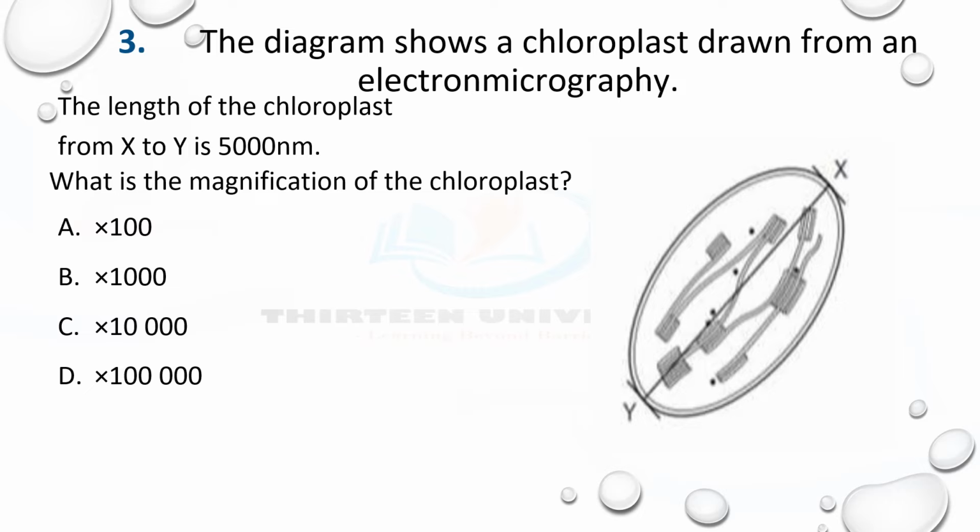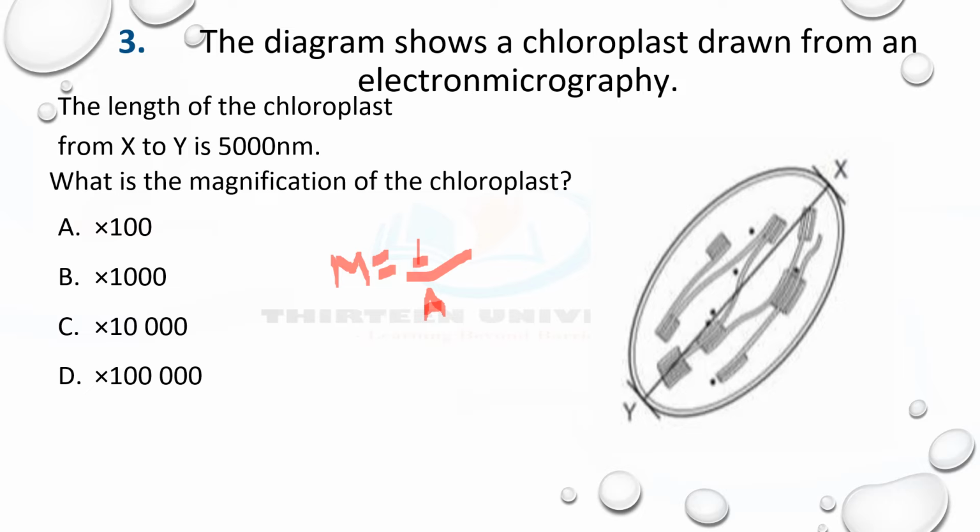Like we said, we're looking for magnification. Don't forget that magnification M is equal to image size I over actual size A. To get the image size, you put your ruler and measure from here to here.